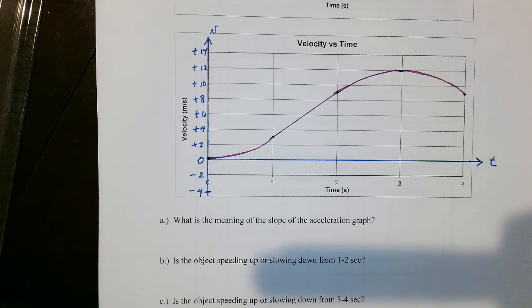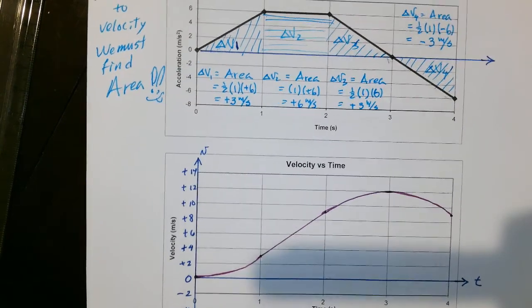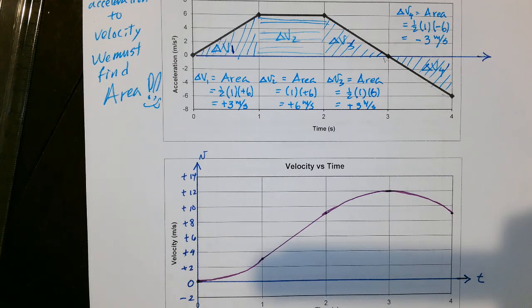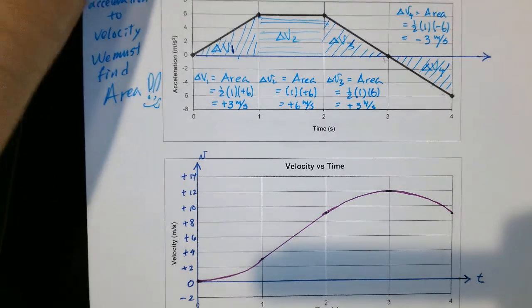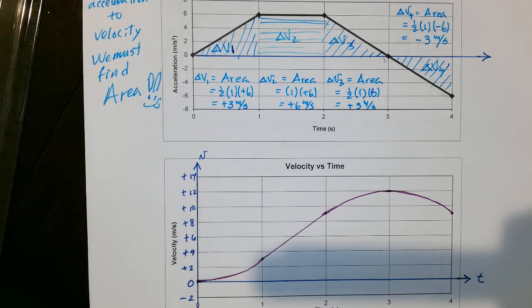So let's ask some questions here. I know most of you who had calculus know that if we take a derivative of the position versus time graph, we have velocity, right? And then if we take a derivative of the velocity function, we will have the acceleration function.